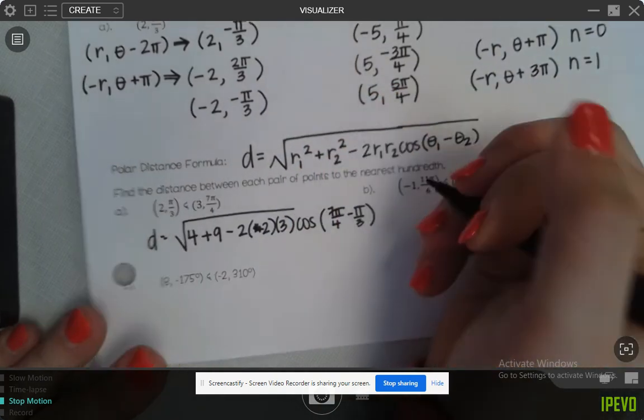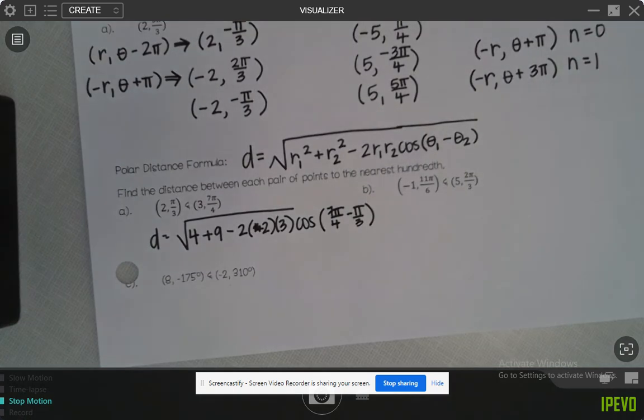You may use your calculator for this, but if it is in radians, you have to make sure your calculator is in radians as well, because you guys are not going to know these angles. So make sure it's in radians.